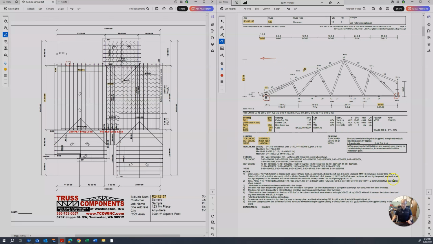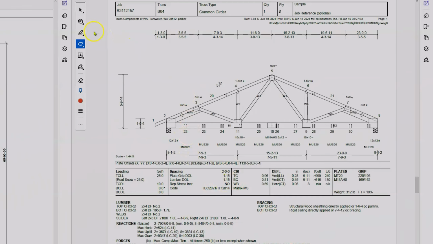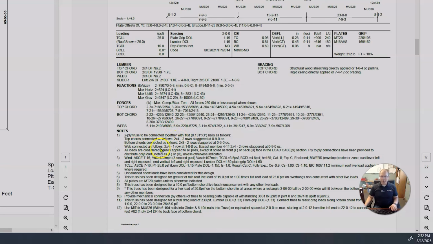So going to that B04 truss, we can see that that shows the hangers here that were represented on the right side of that A02 truss that we were looking at. And so each point where a truss is tied into it, it shows a hanger. And then down here in the notes, it will have the other information that we talked about, such as the connection of the trusses.